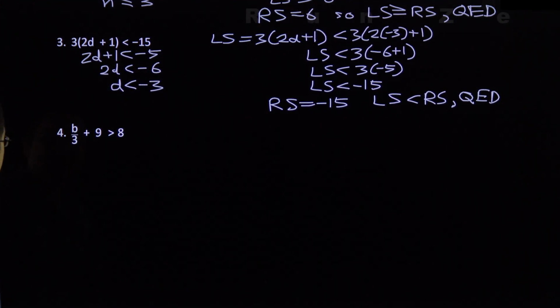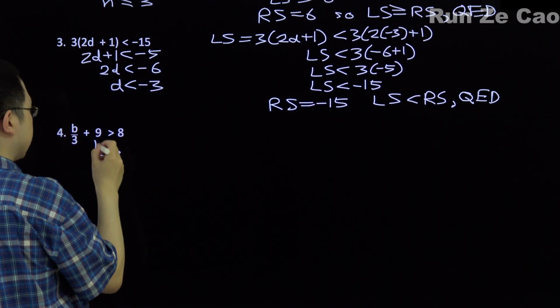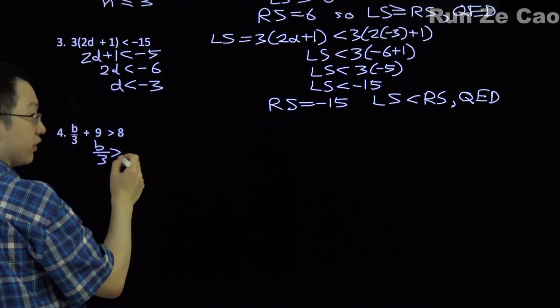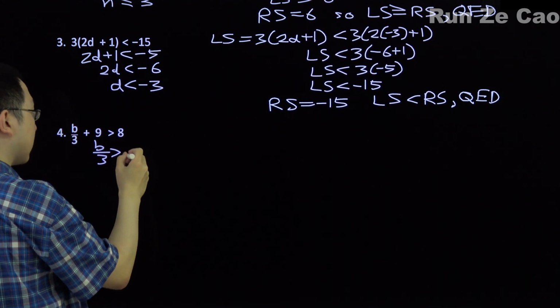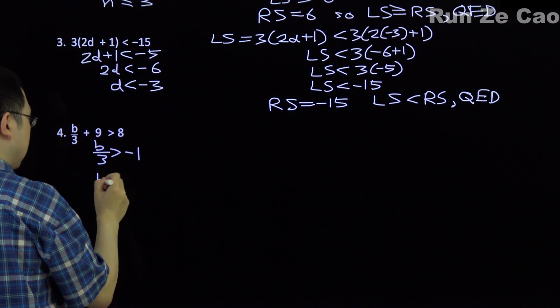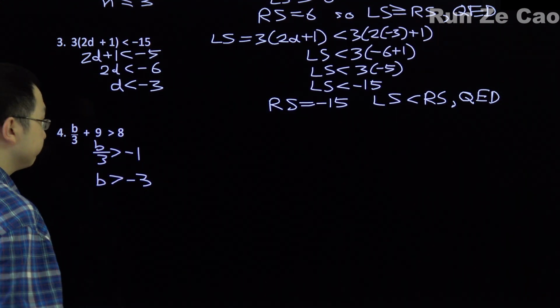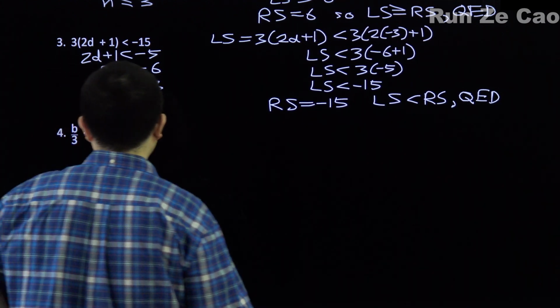B over 3 plus 9 is greater than 8. Well, B over 3 is therefore greater than 8 minus 9, since 9 is subtracted from both sides. That's going to end up with negative 1. So B is greater than negative 1 times 3, or negative 3. Okay then, what's the left side look like?